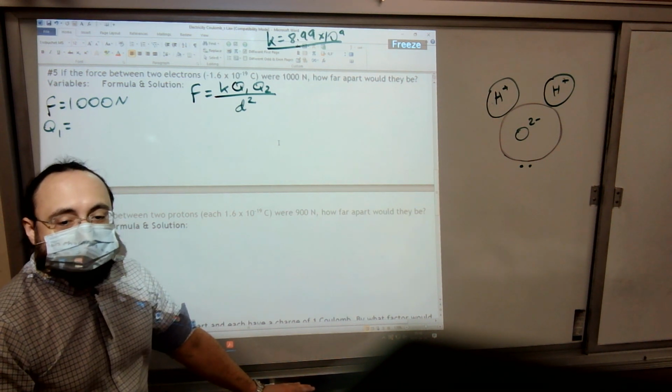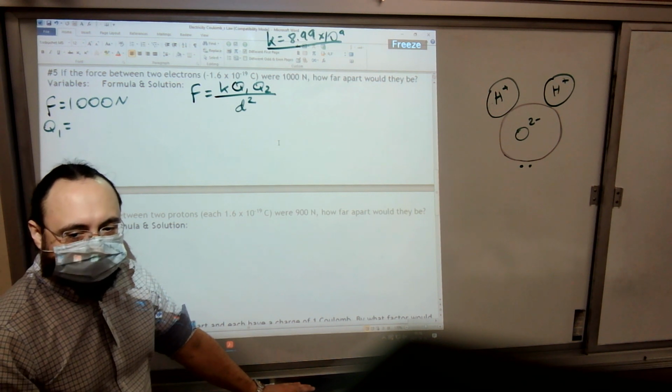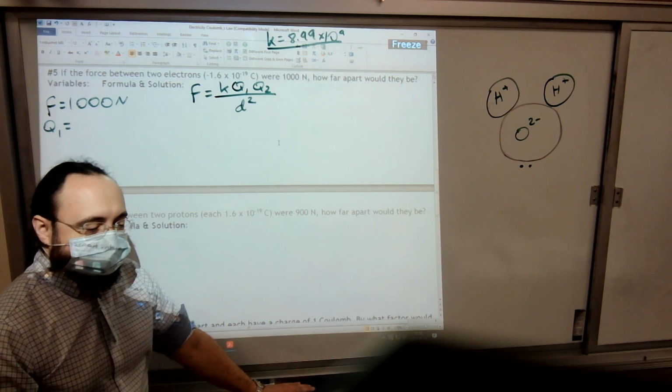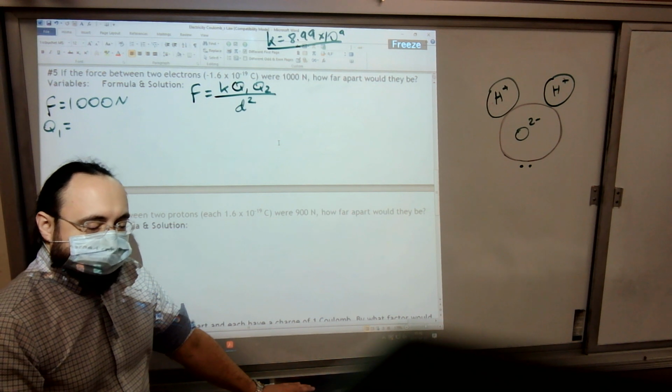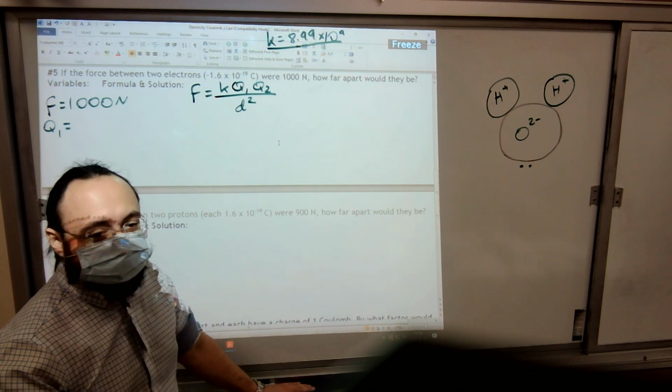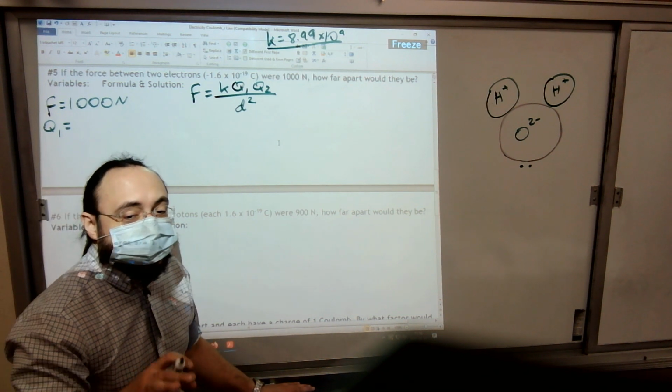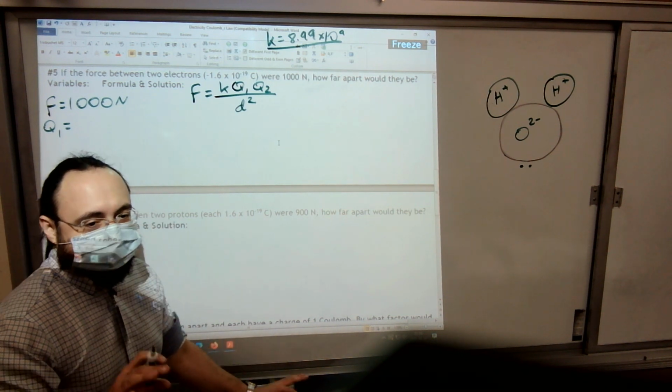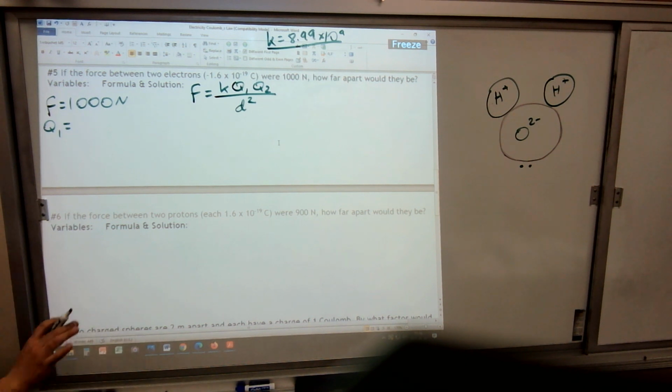It only gives you the number for that charge, I think it's 0.0001 or something, only once. So you look at it and you think there's only 1 charge. But if you read it, there's 2 students and they each had a candy wrapper. So there's 2 candy wrappers, they each have that charge. Q1 is that charge and Q2 is also that charge.